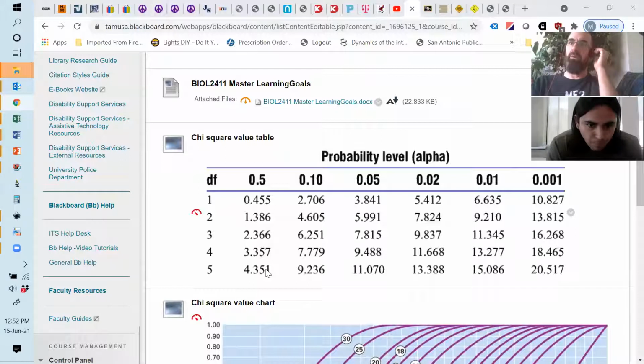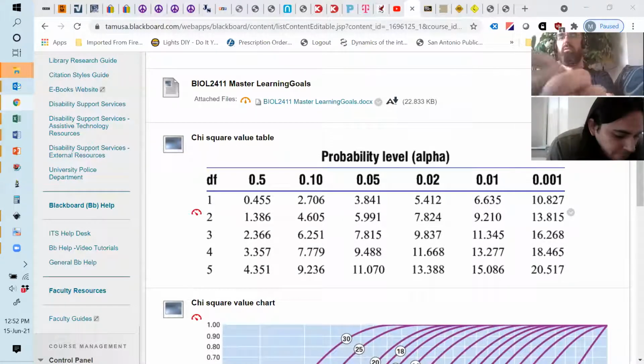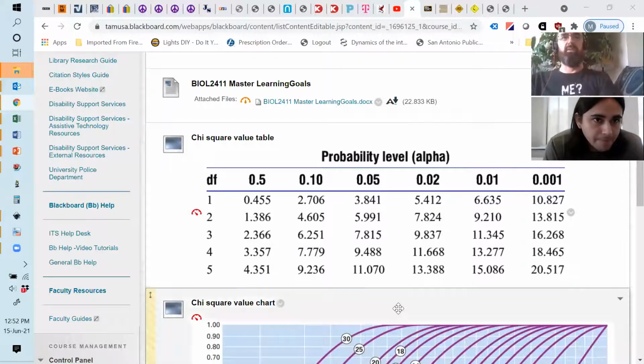No worries. So if we follow this through, then we're going to have 25 squared divided by 50 plus 25 squared divided by 50 equals, what is 25 squared?